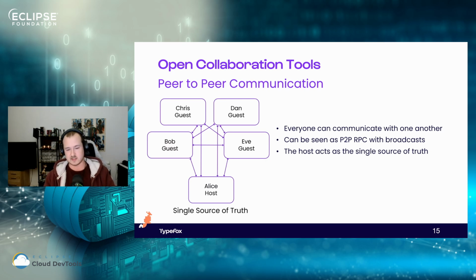I want to send this as a broadcast: Hey, I've just edited a file. Please apply the update to your file if you have it open. So you can imagine this as a peer-to-peer remote procedure call system with broadcast as well. And in this case specifically, we want the host of the session of a collaboration room to act as a single source of truth, because they have the workspace after all, so only they can share it.